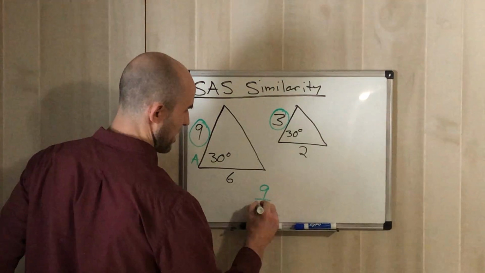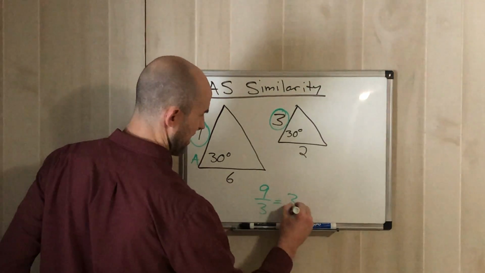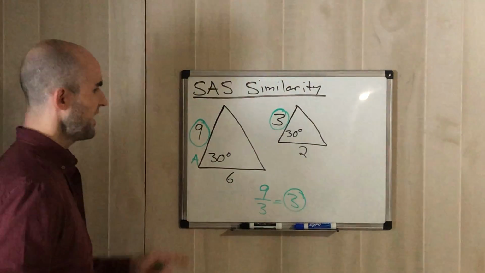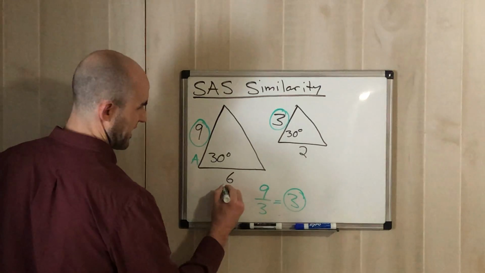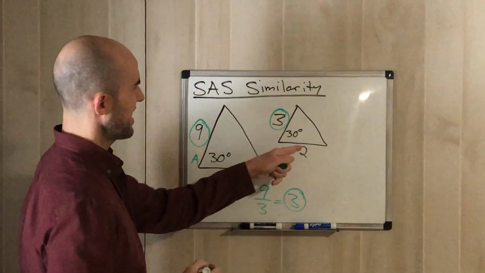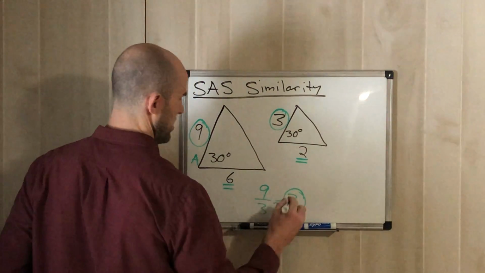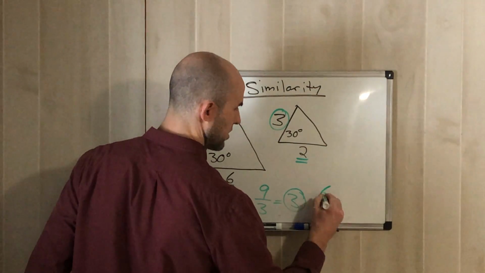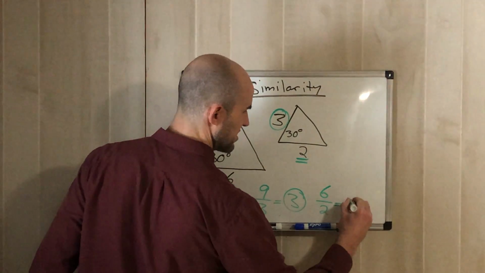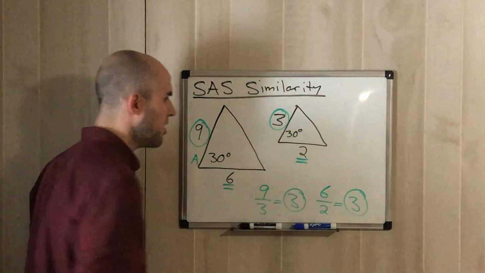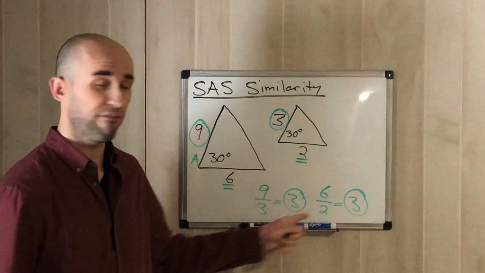9 divided by 3 gives us 3. Now we know that the smallest side here is 6. Smallest side here is 2. So we're going to do 6 divided by 2, which gives us 3. And what we know is these two scale factors are the same.